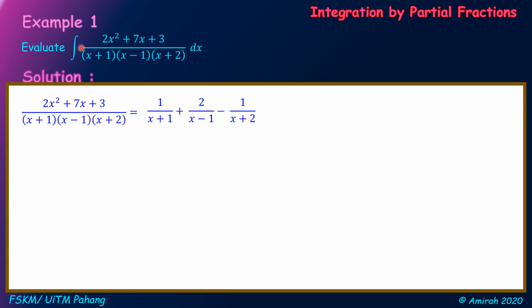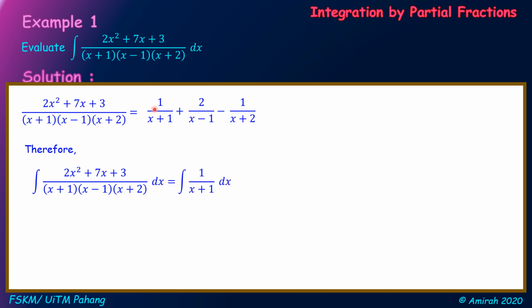From the previous slide, we expressed this proper rational function as the sum of partial fractions. So now we can integrate this function. Therefore, the integration of 2x squared plus 7x plus 3 over x plus 1, x minus 1, x plus 2 dx equals, we just integrate one by one here.